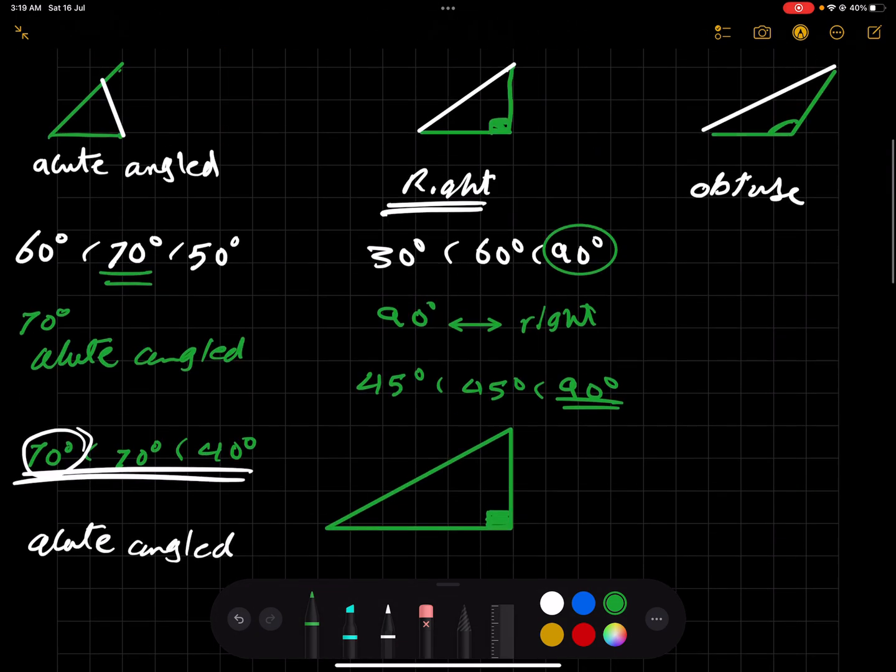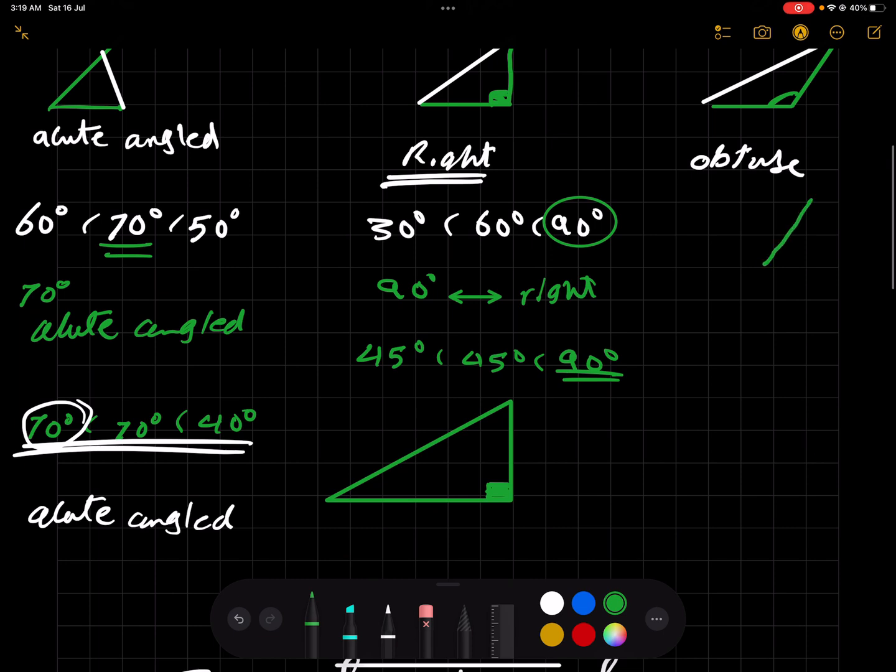What about the third, the obtuse angle? An obtuse angle is an angle more than 90, which means that if we have 100 degrees, 30, and 50, and you add up all of these angles together, you will get 180, by the way.